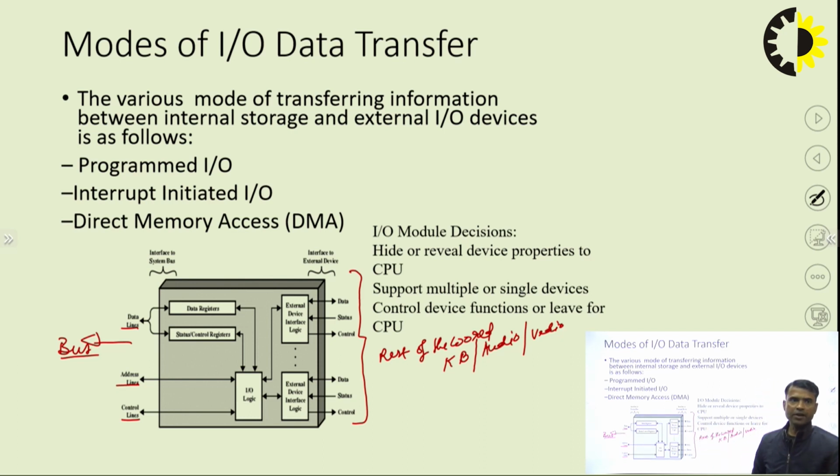So the I/O module basically acts as a wall between the CPU and the rest of the world. This I/O module helps in hiding and showing the device properties to the CPU. So it is not always visible to the CPU, it is shown whenever it is required. And also at this point it supports multiple or single devices to be connected.